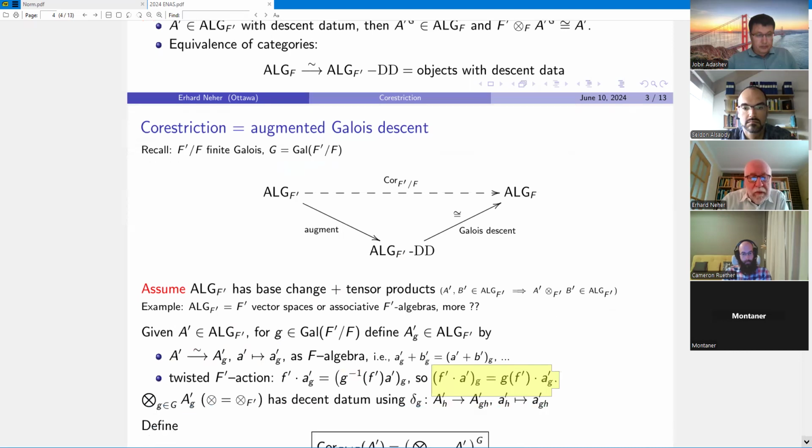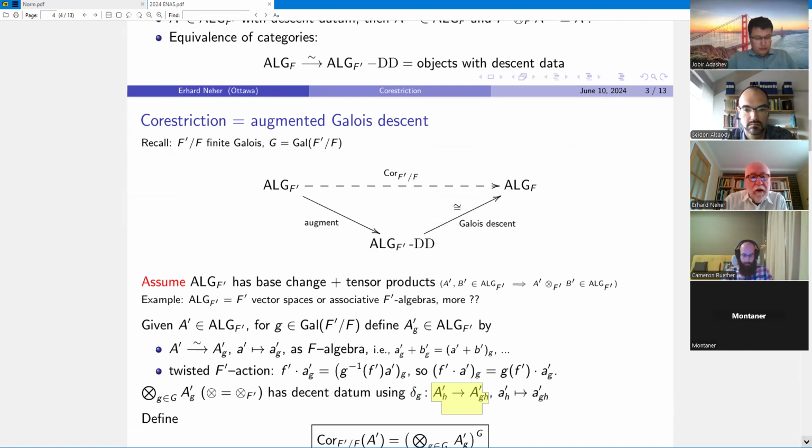And then this gives me a descent datum of the tensor product algebra, A prime g tensored over all factors. The factors are indexed by the elements of the Galois group, and the tensor product is the tensor product over F prime. And this has a descent datum, namely, in the most natural way, I move a factor A prime h to A prime gh just by changing the index.